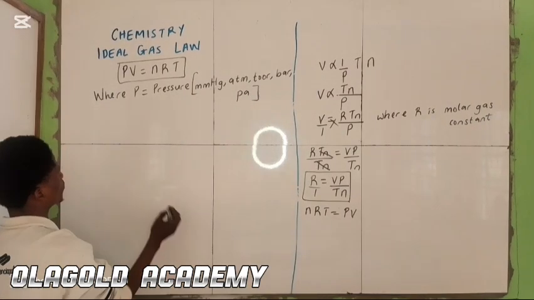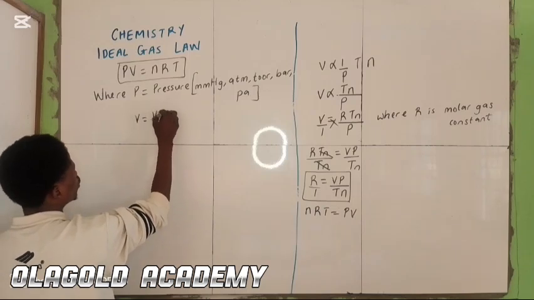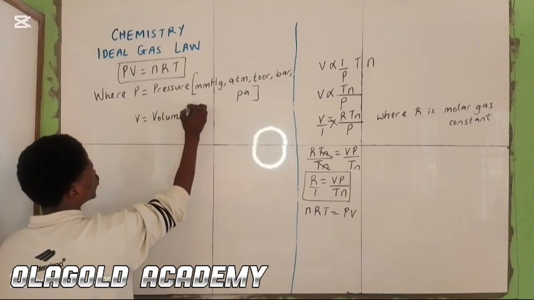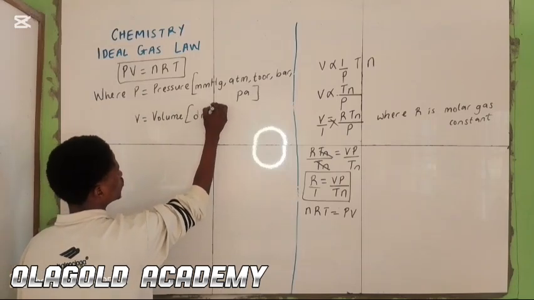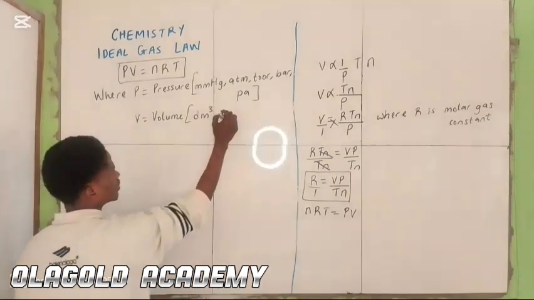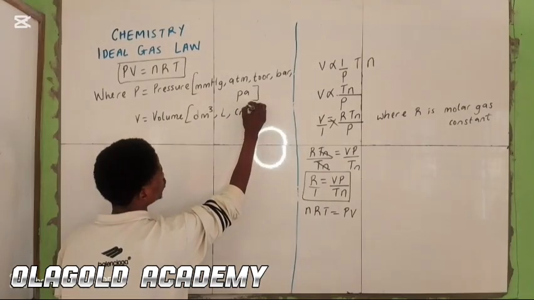So we have this, where V is volume. We can measure volume in dm cube, in liters, in cm cube.